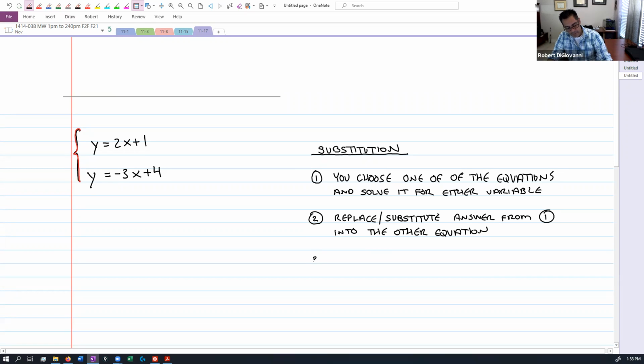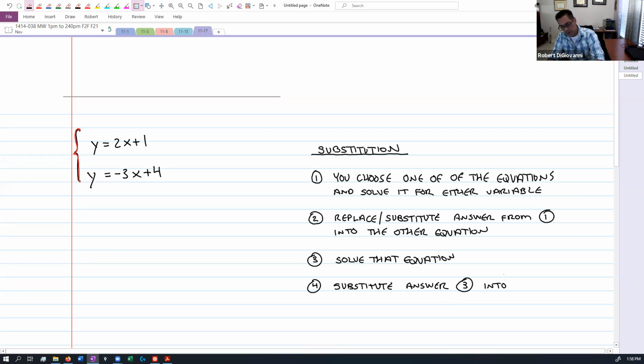Once you do that, solve that equation. Once you solve that equation, you will substitute the answer from the third part that you just did into part one.